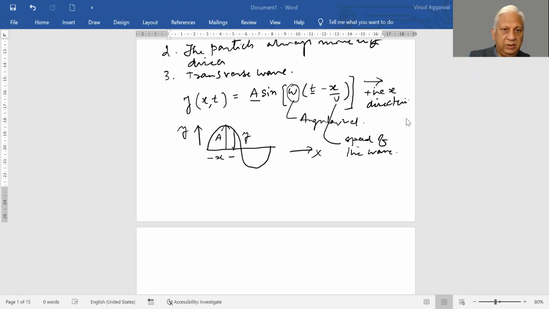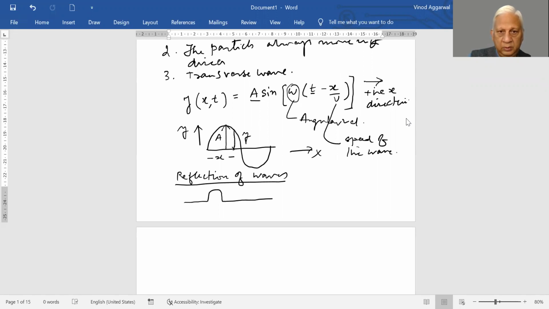Now, let us see the reflection of waves. We've seen a disturbance which was generated.